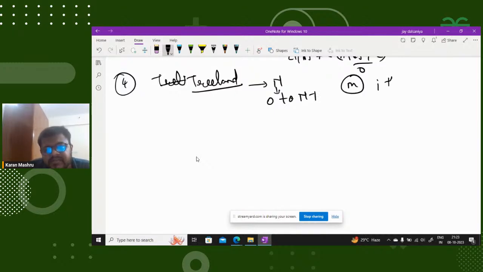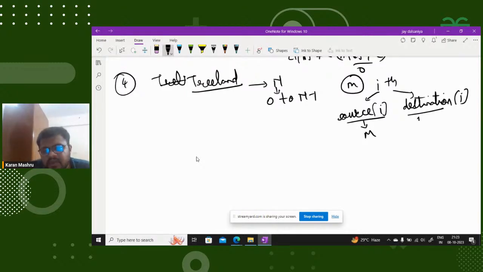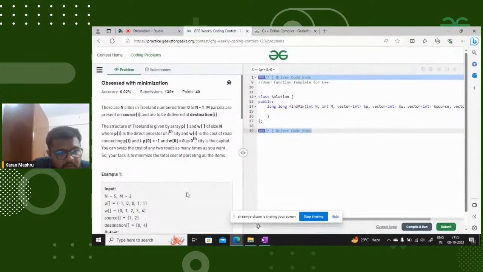The ith parcel is to be delivered from source of I to destination of I. So we are given two arrays, source and destination of size m, where source of I represents the source city of the ith parcel and destination of I represents the destination city of the ith parcel.